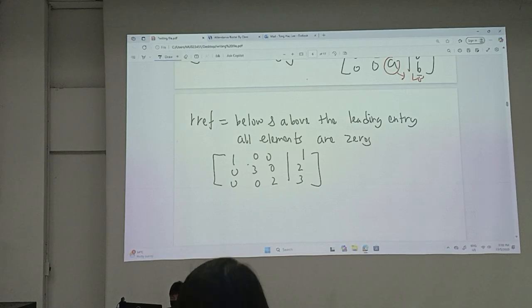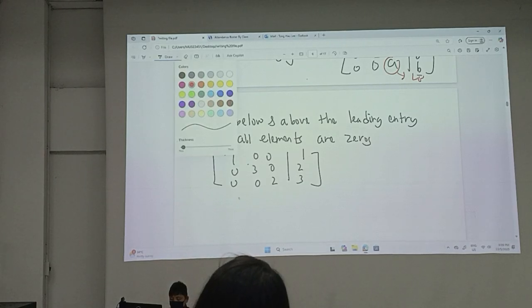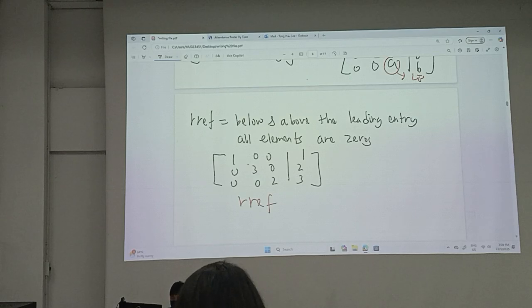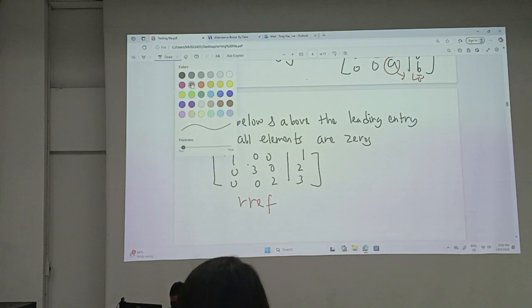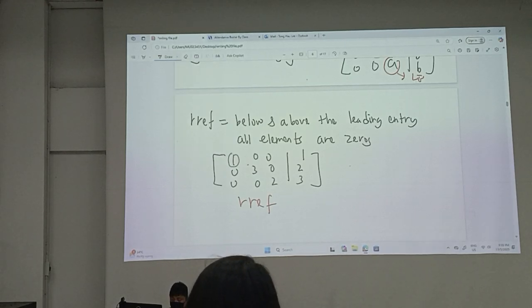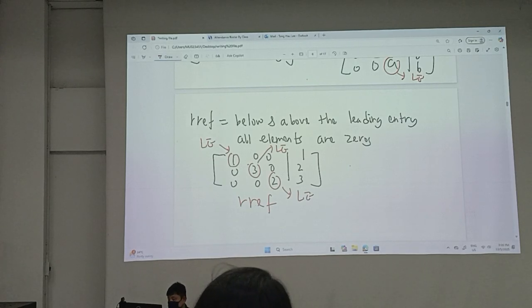Yes, right. So this is RREF. This is a leading entry. Below and above the leading entry are zeros. This is a leading entry, this is a leading entry. Above and below all are zeros.